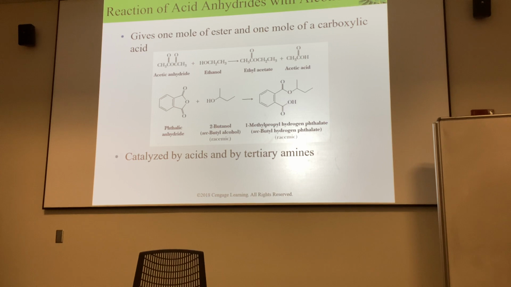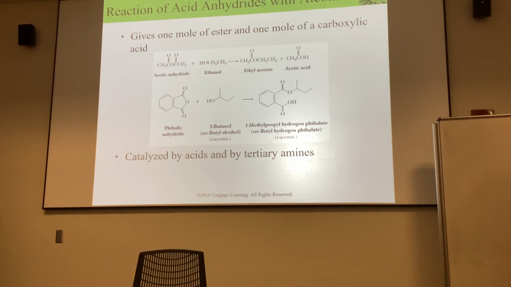Yes? So breaking an acid anhydride in half, but if you specifically give 1 mole of ester and 1 mole of carboxylic acid, you're gonna get 1 ester and 1 acid, right?